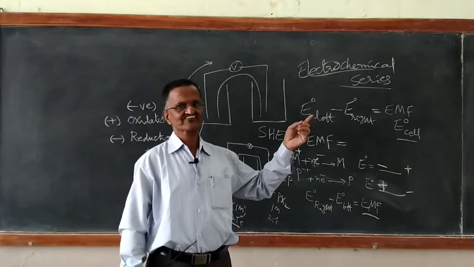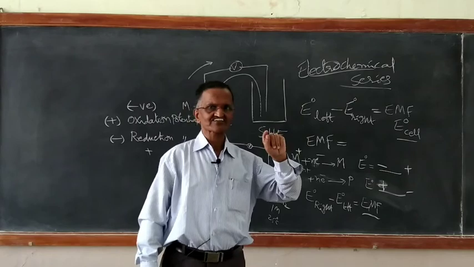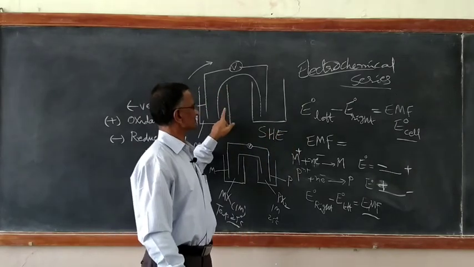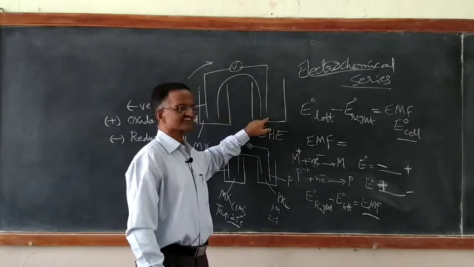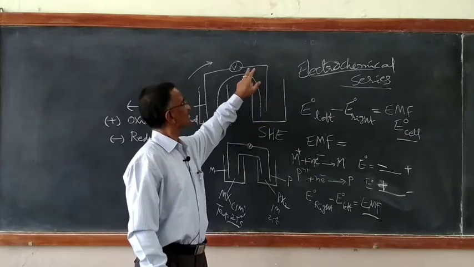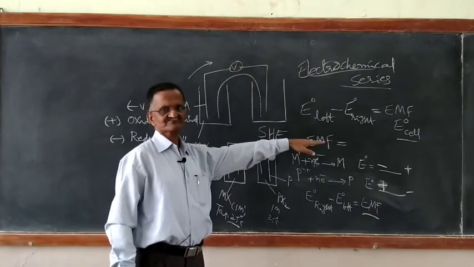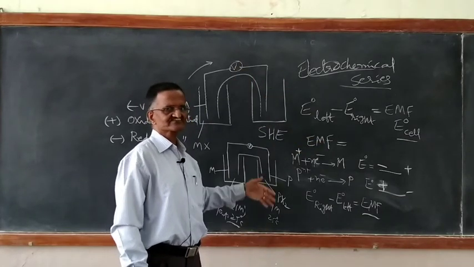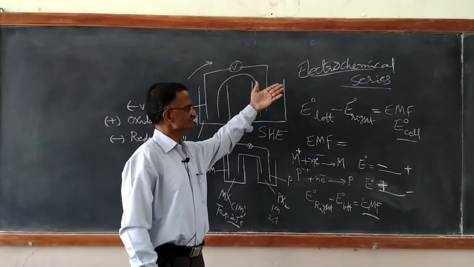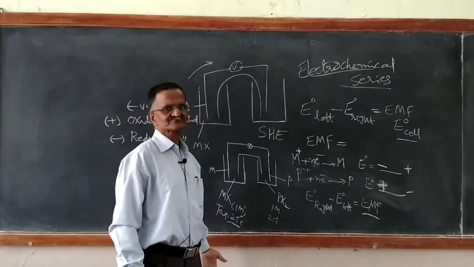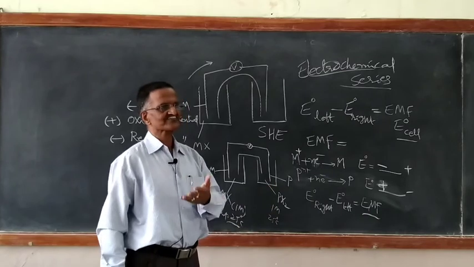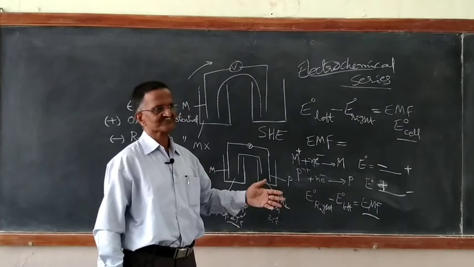How are we going to have the electrochemical series? Again, take the metal, depends on solution, connect it to standard hydrogen electrode, determine the voltage, note down. So for all elements, do that exercise, you will have electrode potential values. All of them you can have in terms of oxidation potential or reduction potential value.